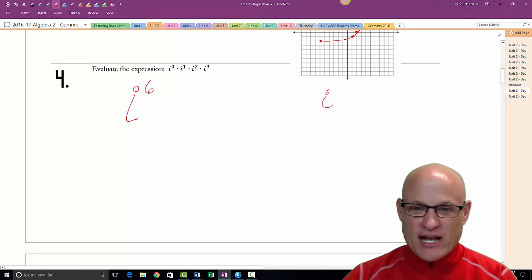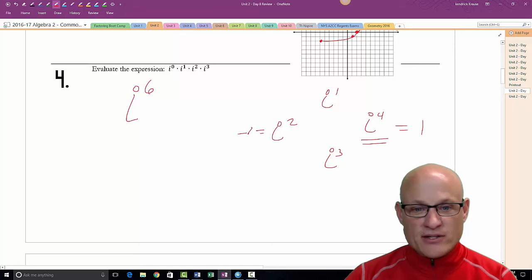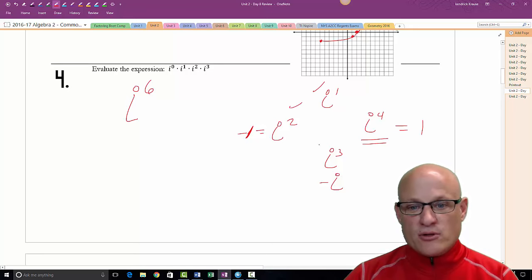Well, you should be able to say i to the 1, i squared, i cubed, and i to the 4th. Now remember, every time you get back to 4, you're back to 1. This is negative i. This is negative 1 over here. That's 1. And this is negative i down here. And this is just i. So 6 is 1, 2, 3, 4, 5, 6.